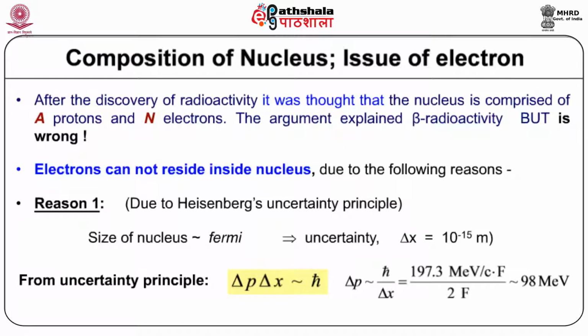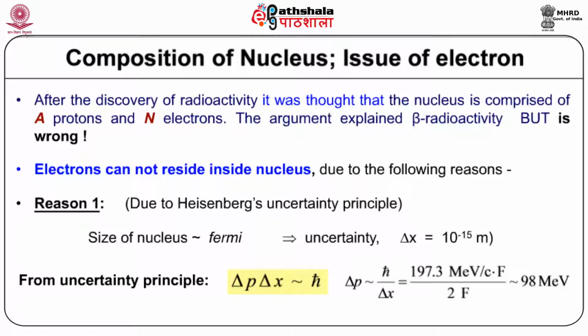That is, if the size of the nucleus is of the order of Fermi, so delta x is equal to 10 to the power minus 15 meter. From the uncertainty principle, delta p into delta x is around h bar, which is equal to h upon 2 pi, so delta p can be estimated to be around h bar upon delta x, where h is the Planck's constant.